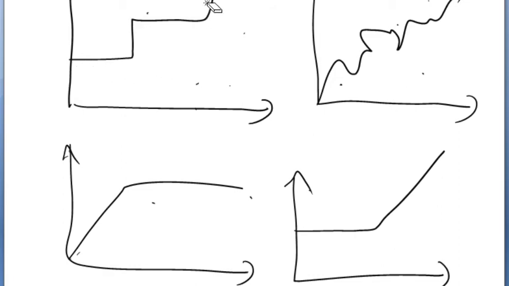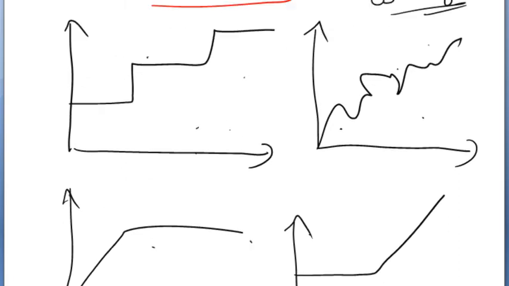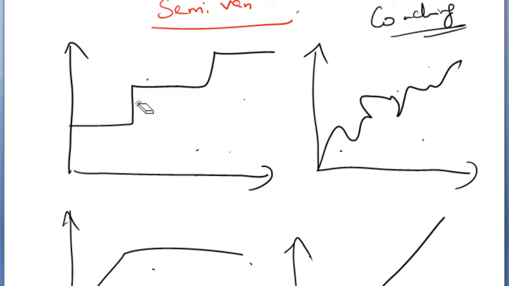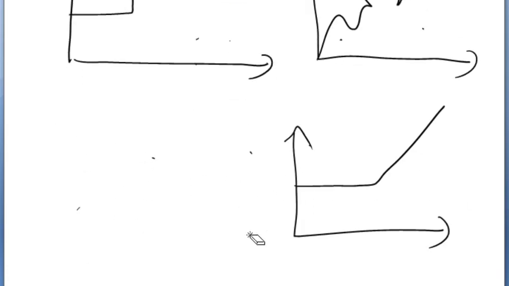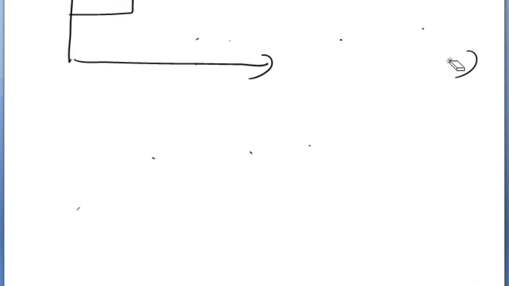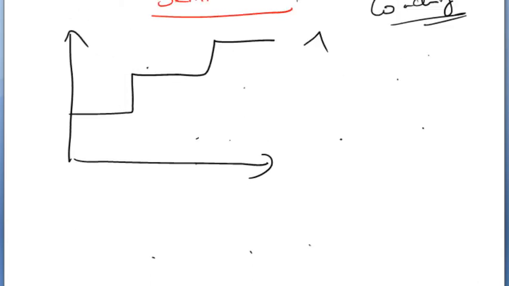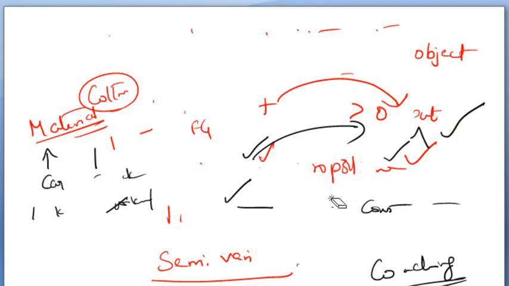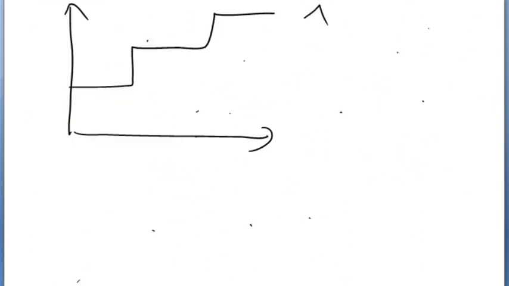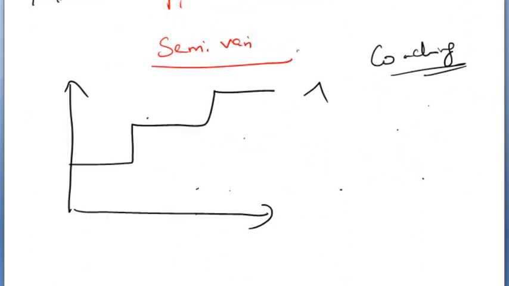This is also called step fixed cost because it looks like steps. Fixed, variable, fixed. Then you have the zigzag kind of thing. All these are semi-variable cost. This particular one is really important, so we'll try to concentrate more on this.